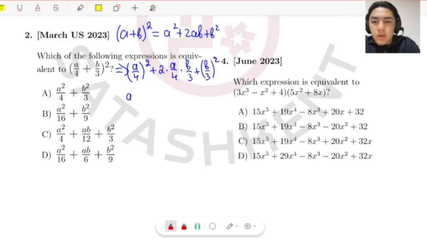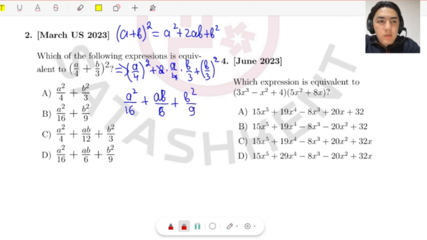Now a squared over 16 plus ab over 6 and plus b squared over 9. If we compare this with the options, we can see it in D. So the answer is D here.